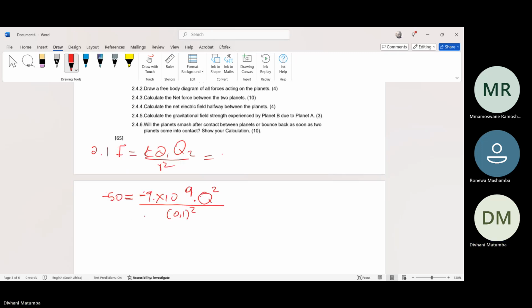So Q squared, no, let me say 50 is equal to, if you divide these two, you will get 9 times 10 to the power of 11. I don't know if you got that.